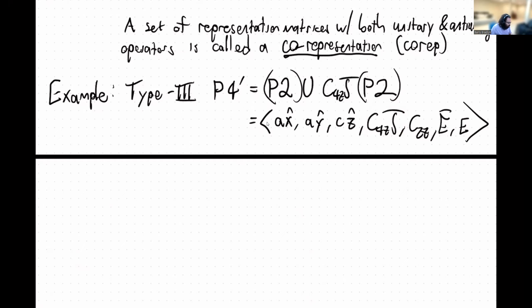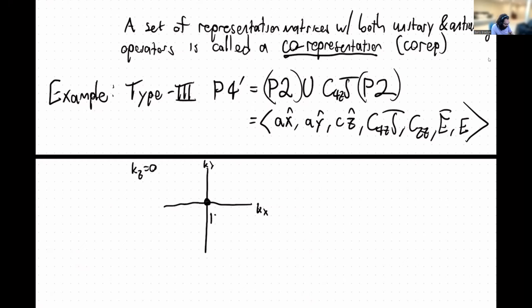So we can label some points in the Brillouin zone of this space group. They're the same points that we looked at in the example of the type 1 group P4 that we considered last lecture. So if I plot out Kx, Ky, for simplicity, let's just fix Kz equal to 0.